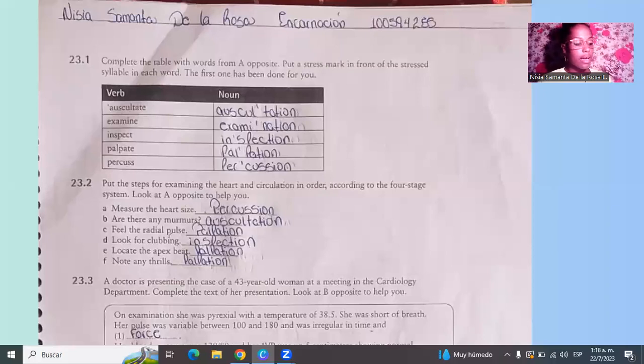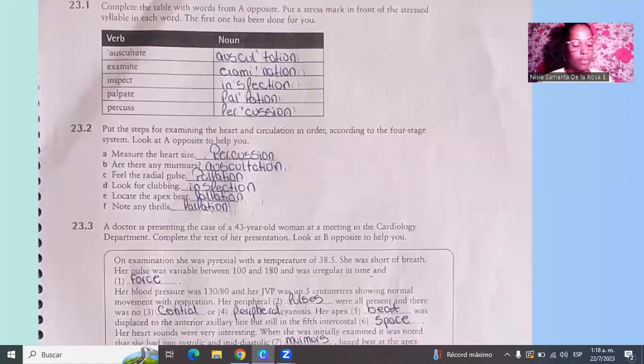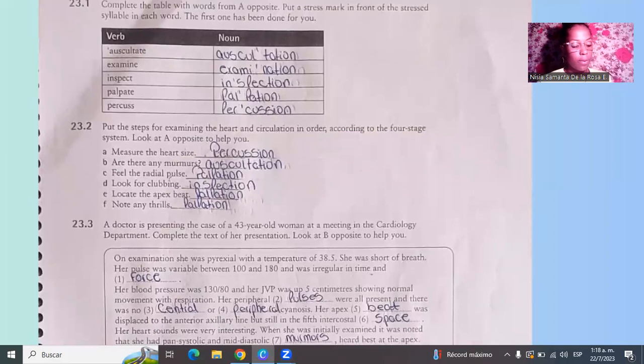The exercise at Chapter 23, The Heart and Circulation. 23.1. Complete the table with words from A: auscultate, noun auscultation, examination, inpatient, palpitation, palpation, percussion. 23.2.